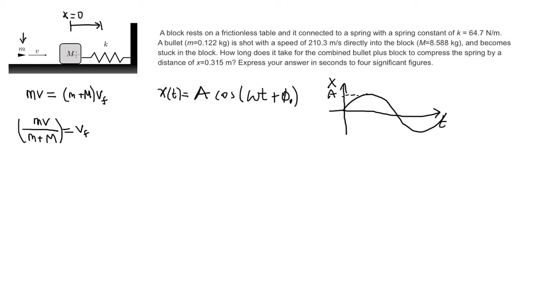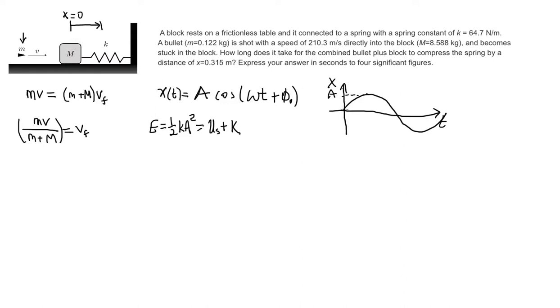Okay, so we know how fast it's moving at the beginning of this motion. So what we're going to do is start to figure out the rest of these things. We need how fast it's moving because that's related to the amplitude, and it's related through the energy. We know that the energy for a simple harmonic oscillator is 1/2 k A squared, and that's equal to the sum of the spring potential and the kinetic energy at any point in the oscillatory motion.